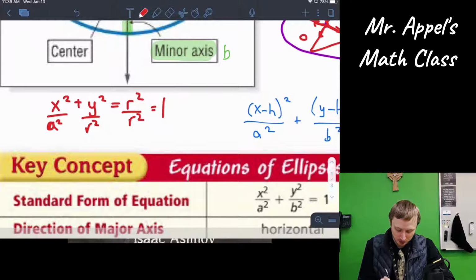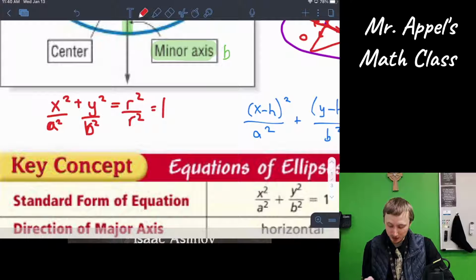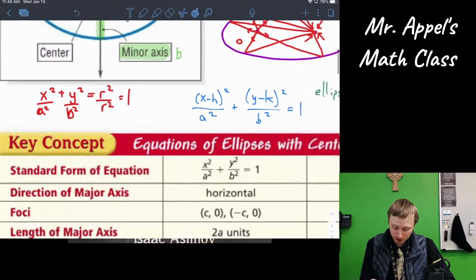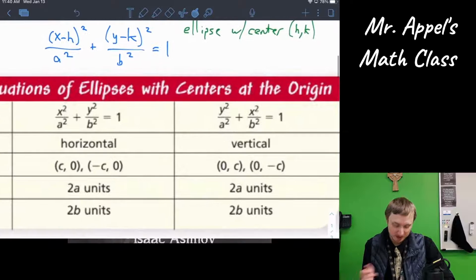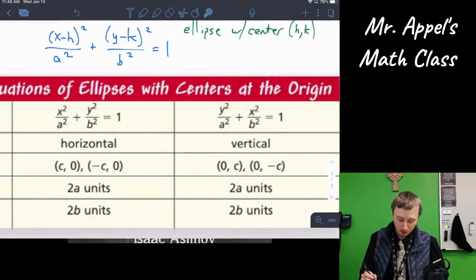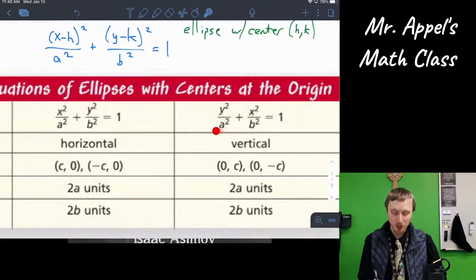So a horizontal radius versus a vertical radius. We'll call those A and B. And we've decided, by convention, at least within this text, that A will be whichever one is the biggest.